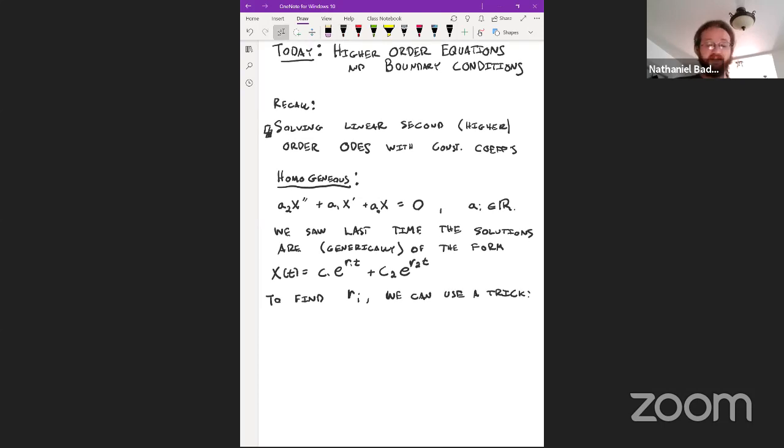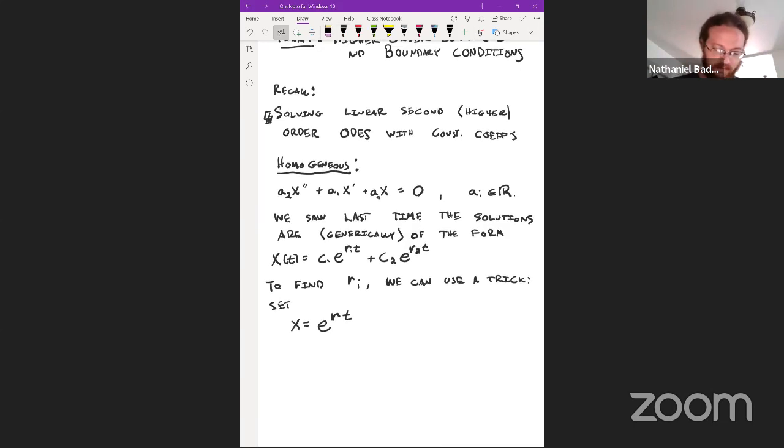The trick is to just set x equal to e to the rt. We can do this because we can set c2 equal to 0 and c1 equal to 1 or something like that. Then plug this into the equation and solve for r.